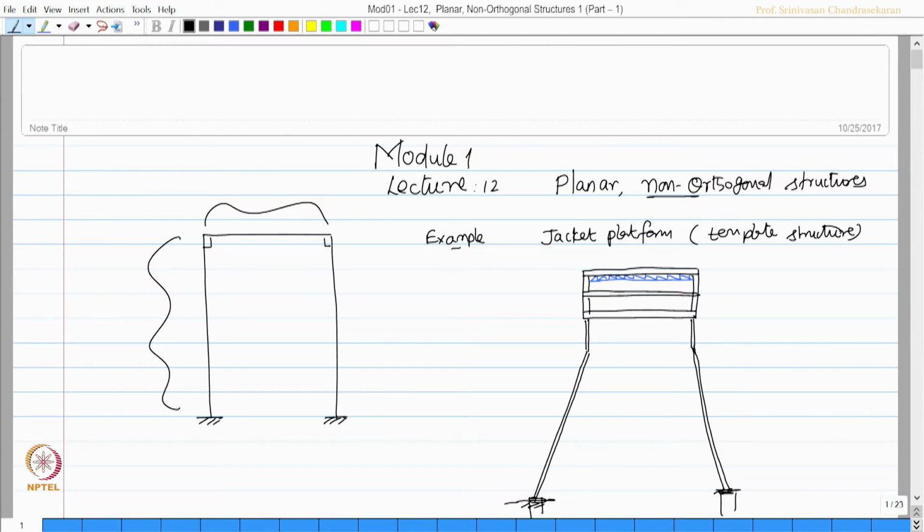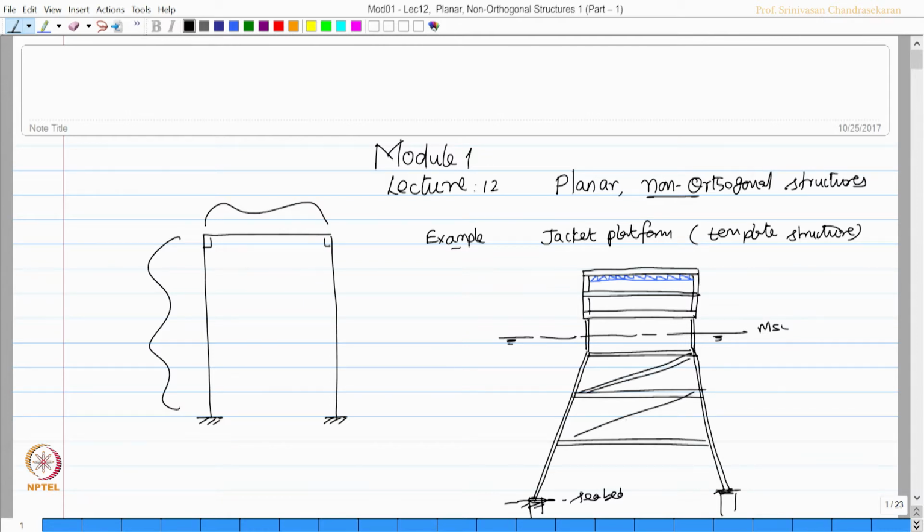So, this becomes my seabed, possibly this becomes my water level, mean sea level, and then they will also be braced to resist the lateral forces arising from the wave, and then the superstructure will have forces which are encountered by the wind. So, therefore, look at the structural system which is supporting the top side.